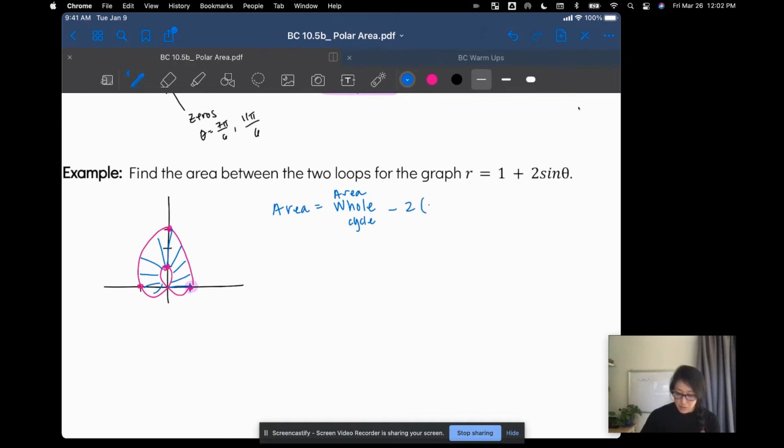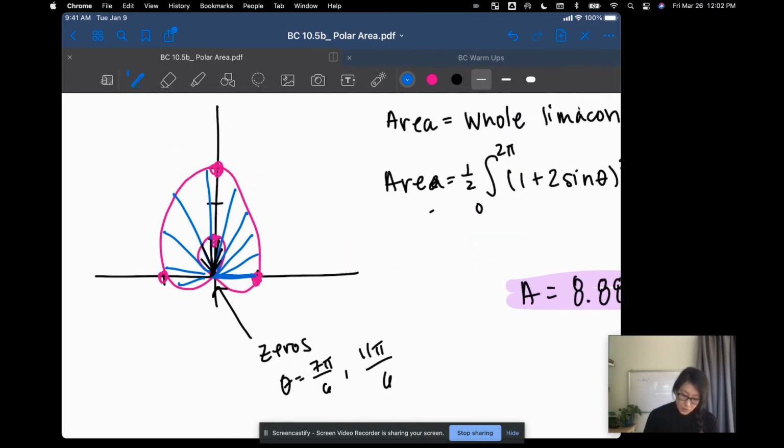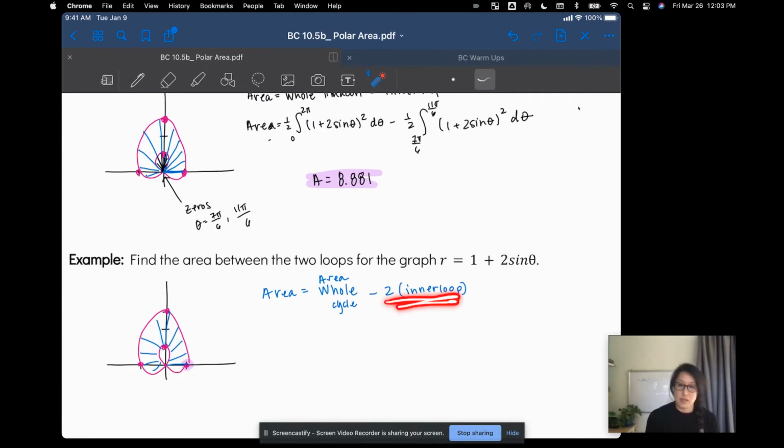Because right now, if you can imagine, if I took the area of the whole inner loop, I'm counting this inner loop once when I go around during 2 pi, and then I want to take it out again because it's being counted double. So I have to take out 2 areas of the inner loop from the whole cycle.